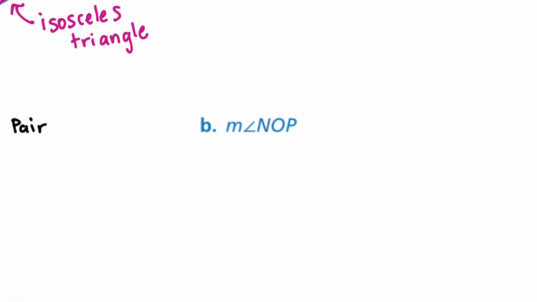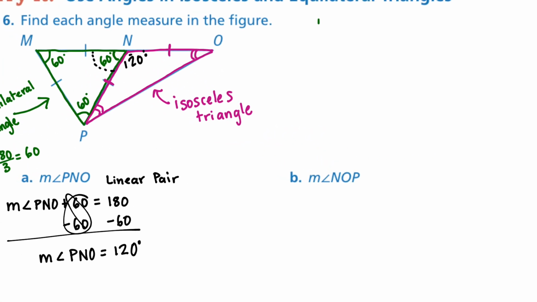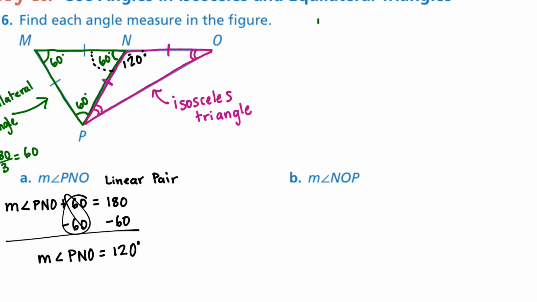For question B, find the measurement of angle NOP. So it goes from N to O to P. They want me to find the measurement of the base angles. We are going to use the triangle sum theorem. I know that the angles inside of a triangle add up to 180.